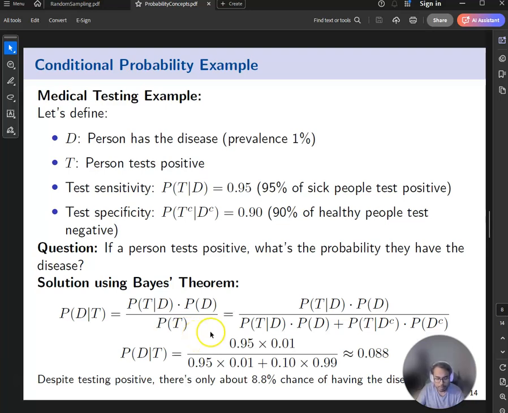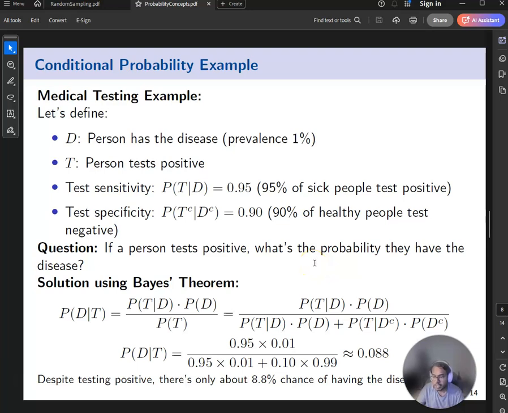Then we plug in the numbers and we get the probability to be approximately 0.088, which means that despite testing positive, there's only an 8.8% chance of having the disease. Now, this might be surprising because even though the test is pretty accurate, at 0.95, if someone tests positive, there's only an 8.8% chance that they actually have the disease.